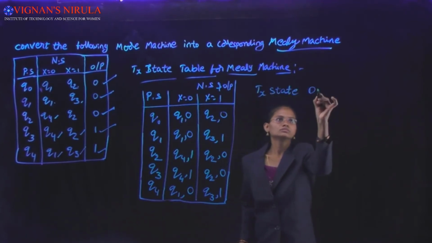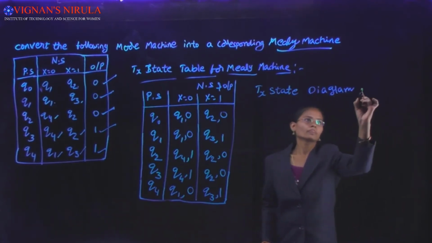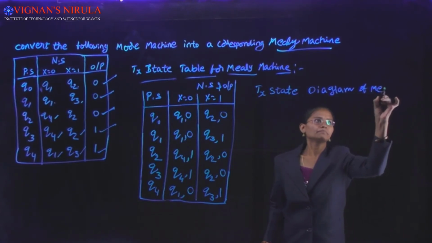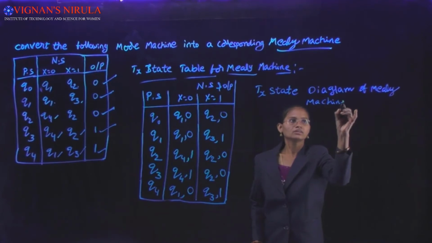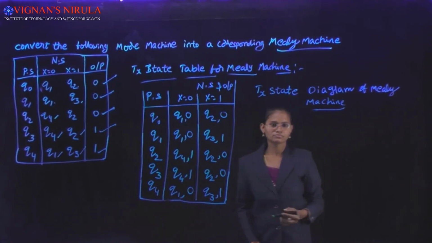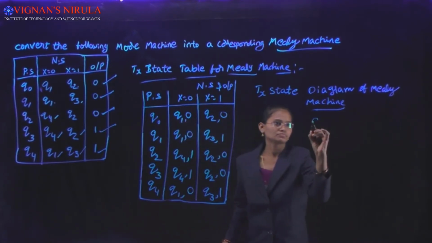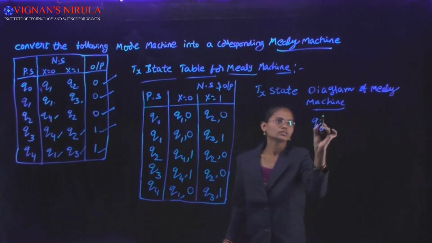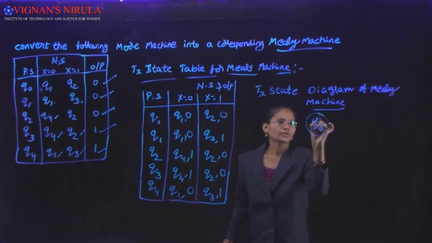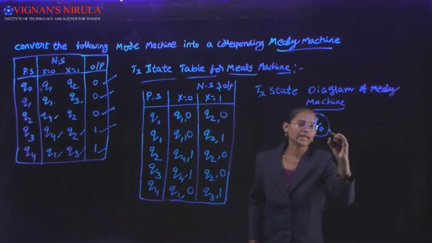Transition state diagram of Mealy machine. Here the Q0, if x equal to 0, the next state produced is Q1.